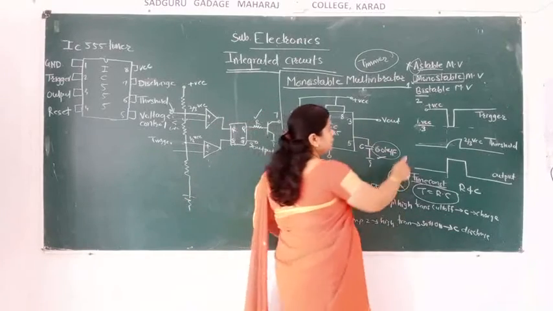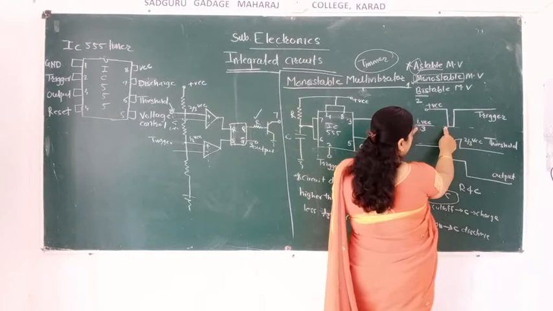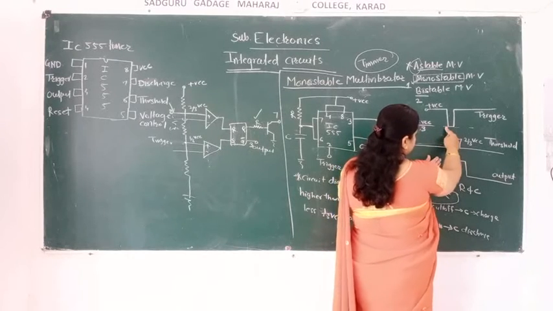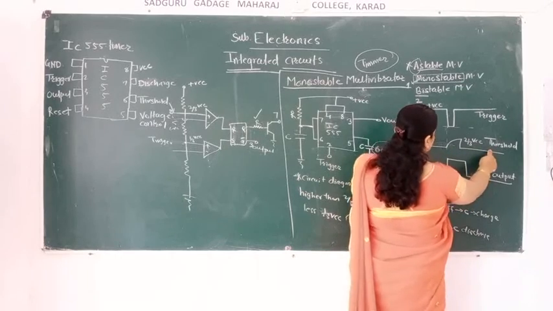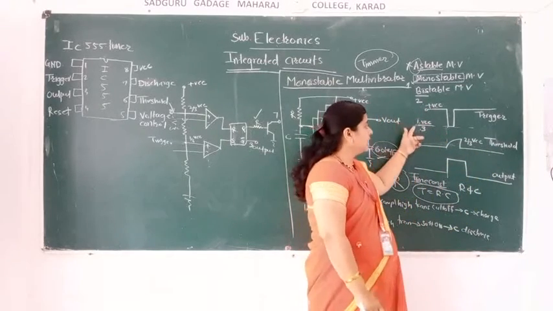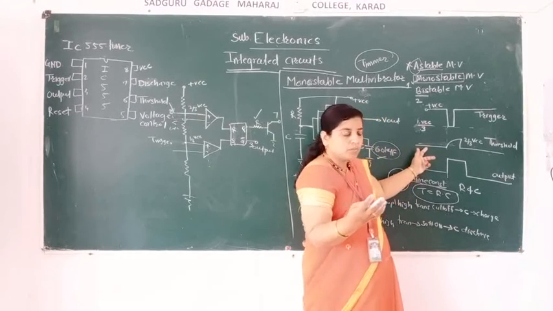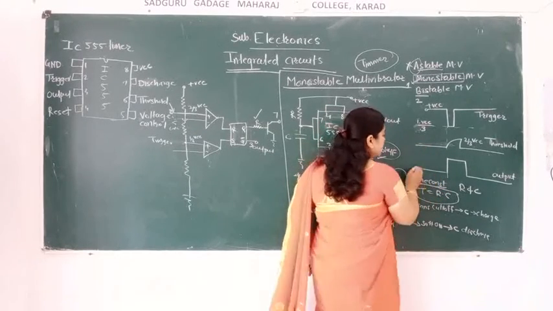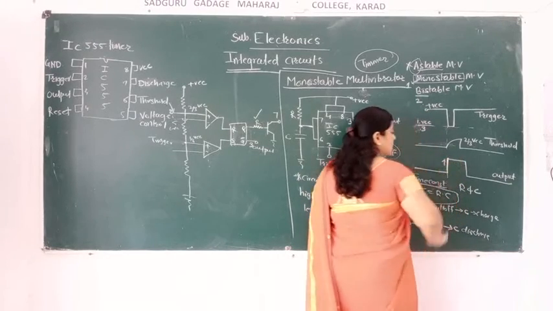What happens if the trigger is less than 1/3 and the threshold is more than 2/3? At that time this capacitor will be charged, meaning this is the charging state.